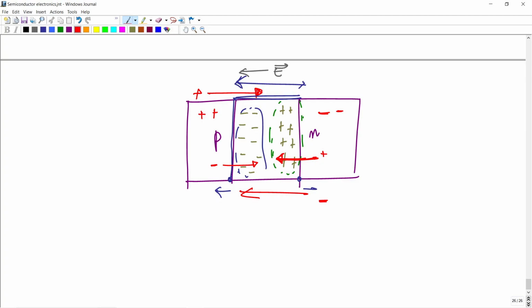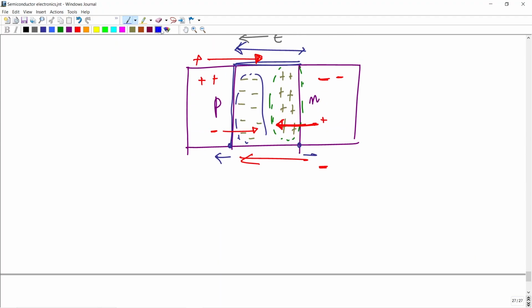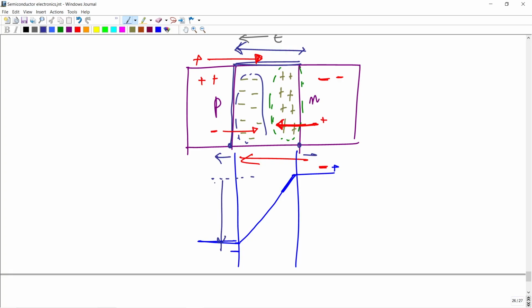Now in that diagram we see some barrier potential. What is the barrier potential? You see there is more positive charge here, meaning this side is at a higher potential, and on the p side there are electrons and a lower potential, these are minus and here is plus. This potential difference is called V naught, the barrier potential.